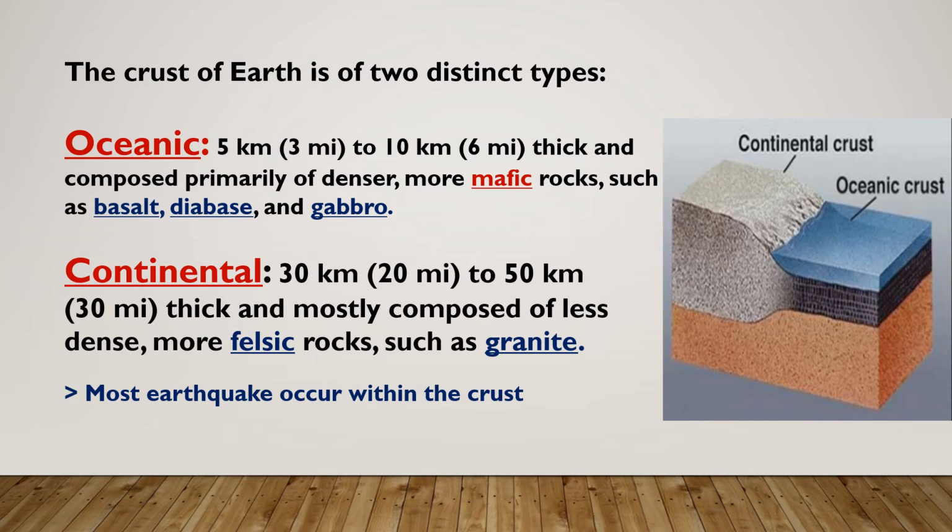We have the oceanic, which is 5 to 10 kilometers thick and composed primarily of denser, more mafic rocks such as basalt, diabase, and gabbro. The continental is 30 to 50 kilometers thick and mostly composed of less dense, more felsic rocks such as granite.